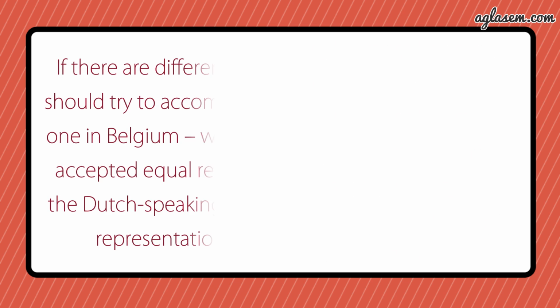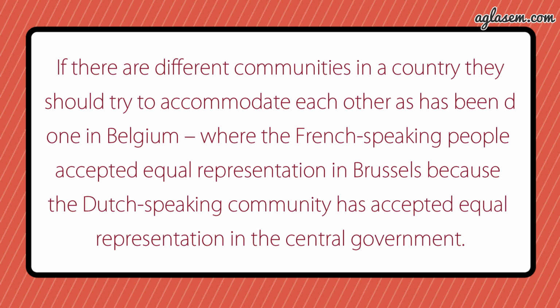If there are different communities in a country, they should try to accommodate each other, as has been done in Belgium, where the French-speaking people accept equal representation in Brussels because the Dutch-speaking community has accepted equal representation in the central government.